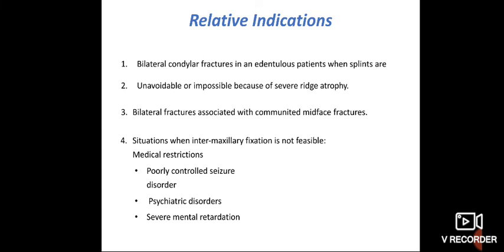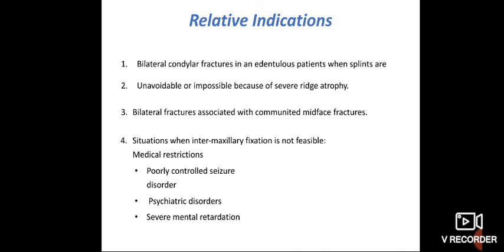You have multiple panfacial injuries; bilateral fracture associated with panfacial injuries is a relative indication. And situations where IMF cannot be placed, especially patients with seizures, epileptics. You cannot place them in IMF whenever they are having a seizure. You can have a tongue fall back, tongue obstruction or choking. So life is more important than having a fracture.